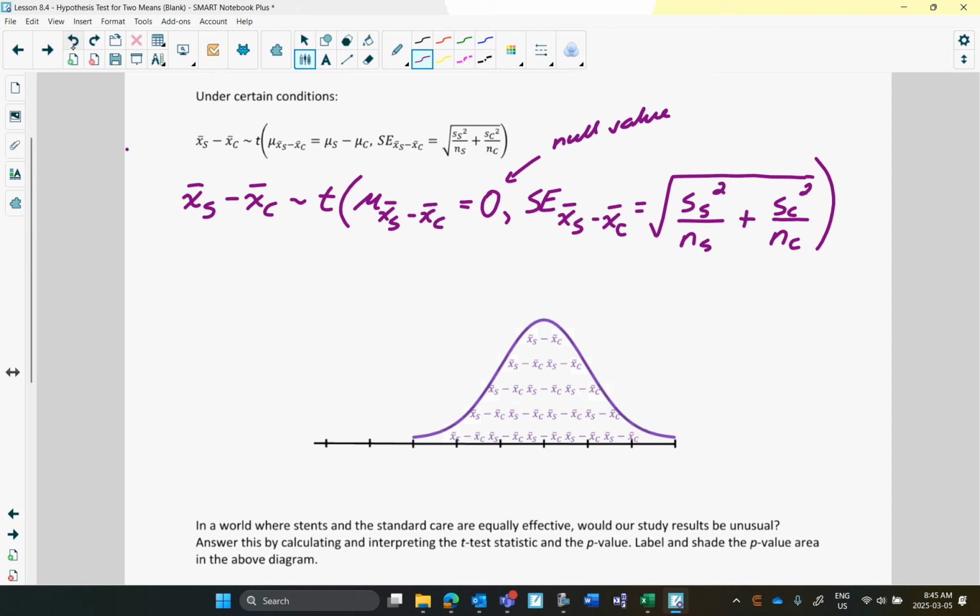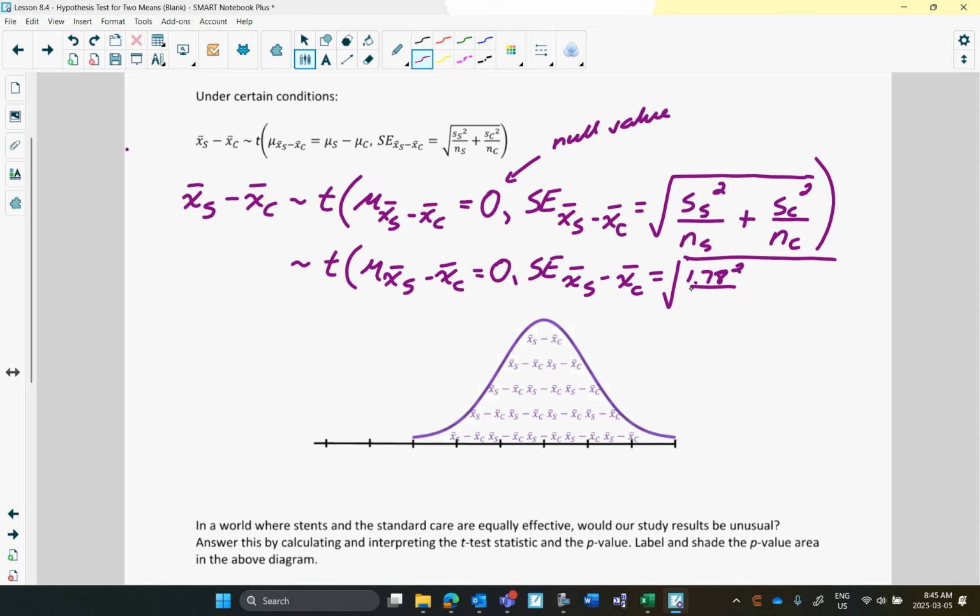Okay, so we already got this value, so we don't have to calculate it. But we do have to calculate the standard error. By doing the square root of the standard deviation of the stent group, which was 1.78 squared, divided by how many were in the stent group.